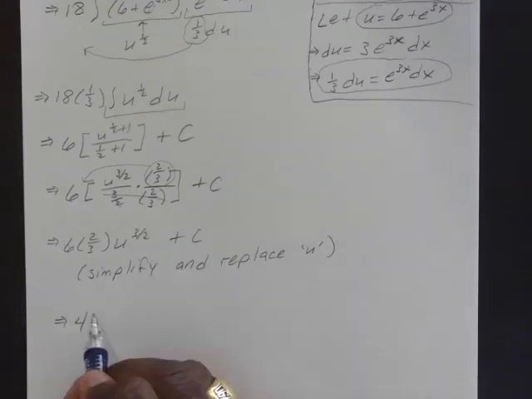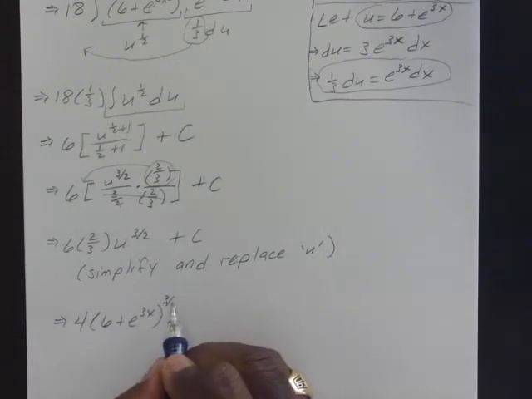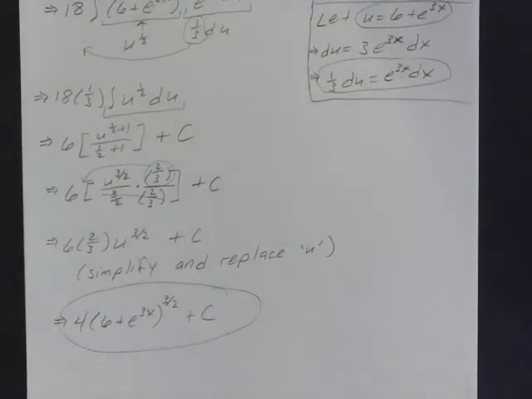And u to the 3/2 power would just become 6 plus e to the power of 3x, to the 3/2 power, plus c. All right, any questions on that one? Okay.